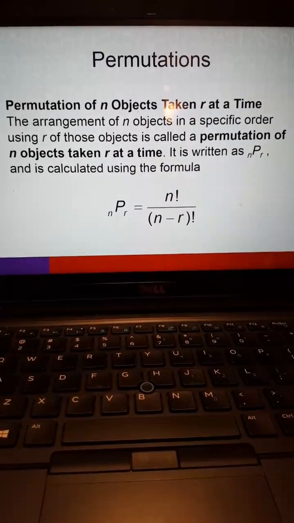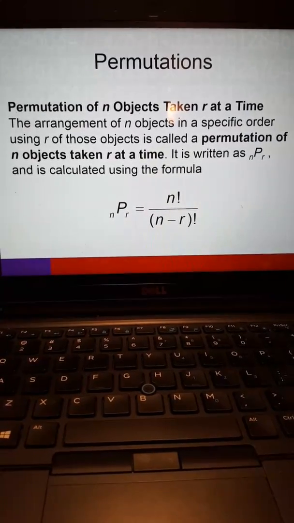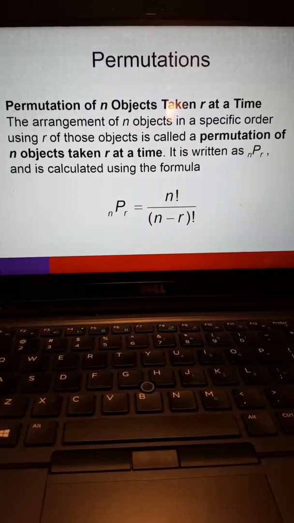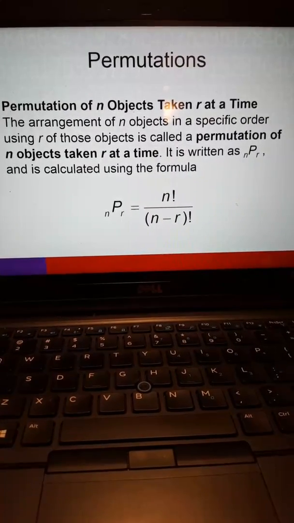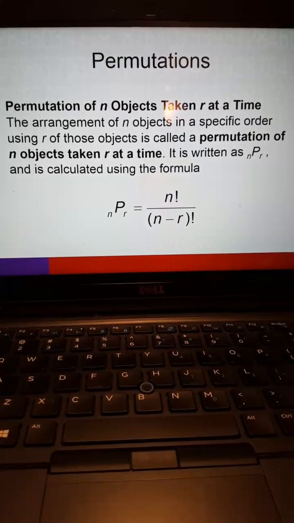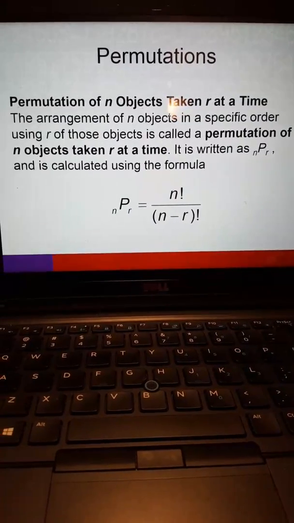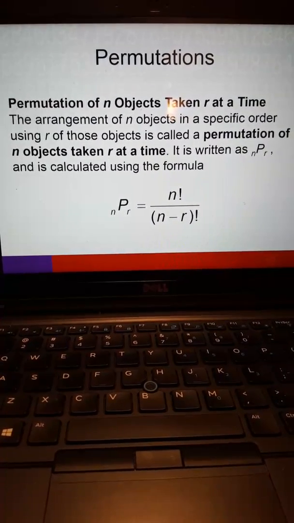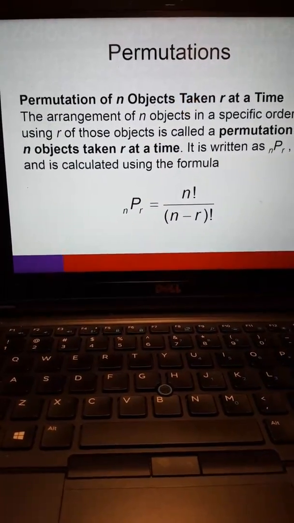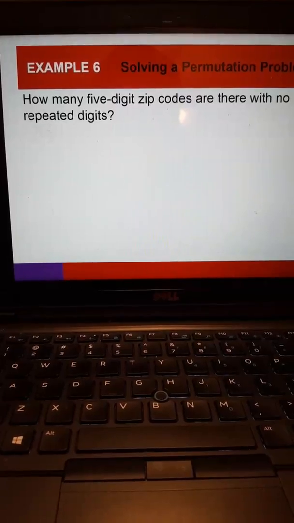n is the total number. Just like before, we had a total number of 20 people, and the number of spaces available was 3 for the president, vice president, and Greek council. So it's written as nPr equals n factorial over n minus r factorial. Typically, we have to find n and find r and then substitute into our formula.